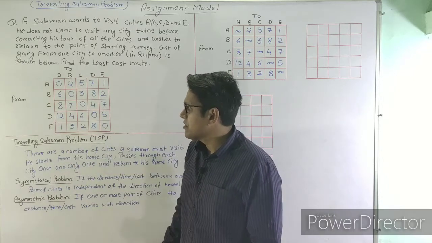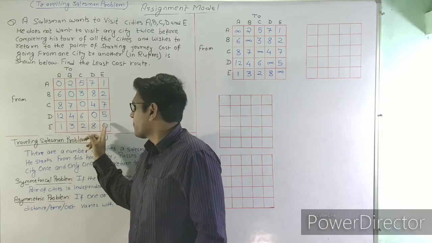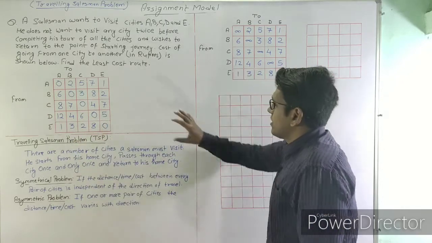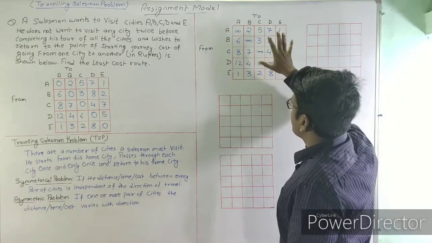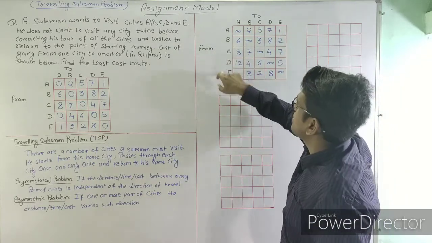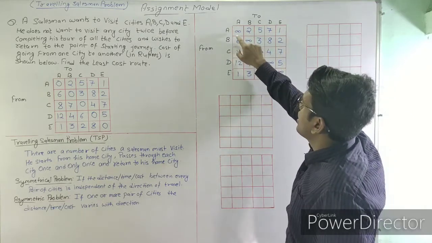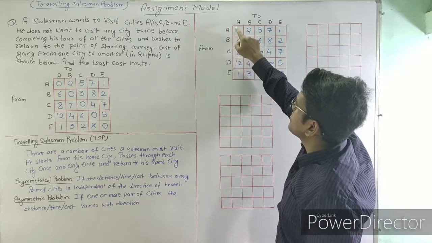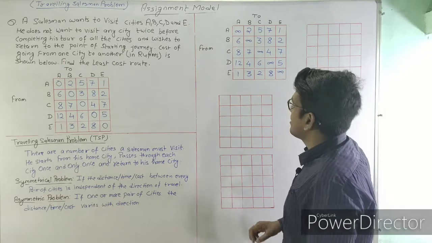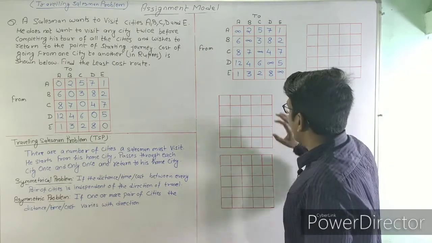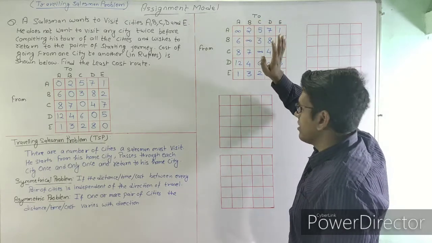So we will put a penalty in these spaces. Let us modify this matrix: we have 5 cities and the corresponding cost of travel is given, and the cost of traveling to the same city is given as infinity. We have taken the penalty as infinity so that it will always avoid assigning this cell.